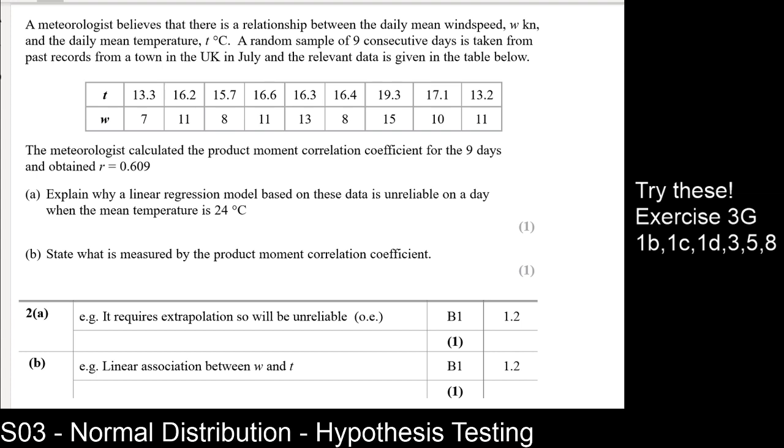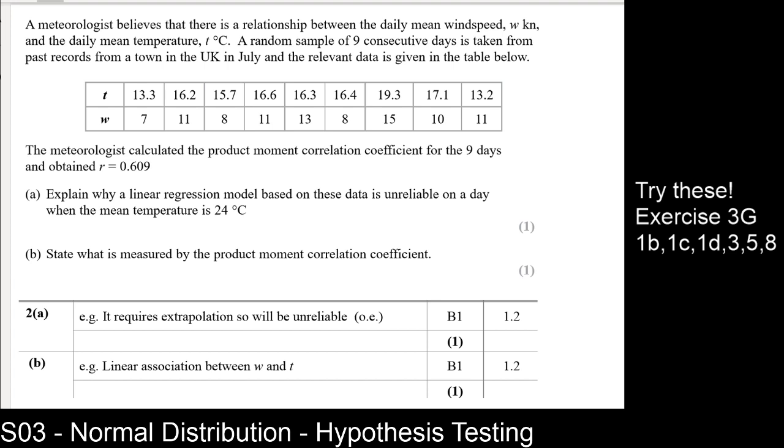The maximum temperature you've got there is 19.3. So if you want to use 24 degrees, then that is outside of the range of your data. So that is extrapolation, meaning that value would be unreliable.